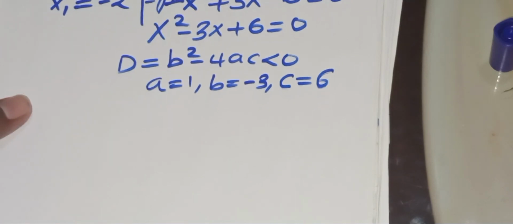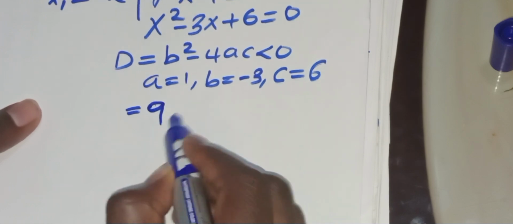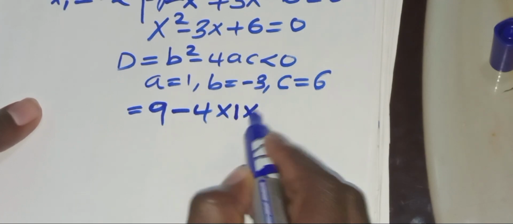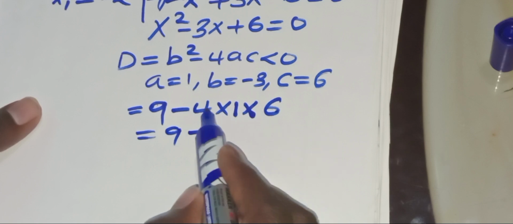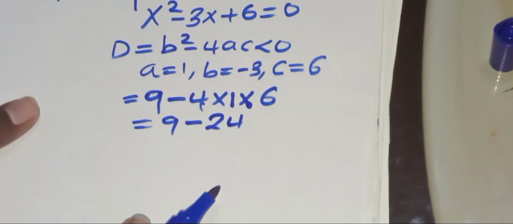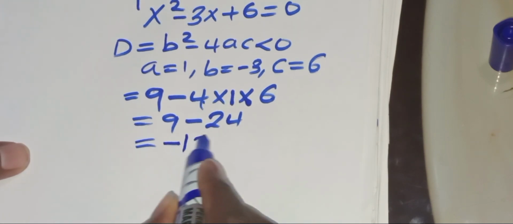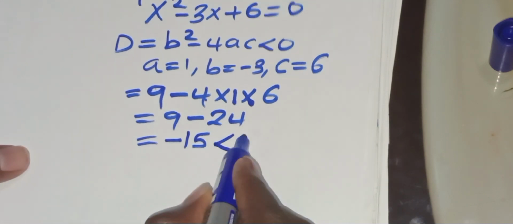Substituting these values, we're going to have negative 3 squared, which is 9, subtract 4 times 1 times 6, which is 24. So you'll have 9 subtract 24, and this is equal to negative 15. Now, negative 15 is less than 0.